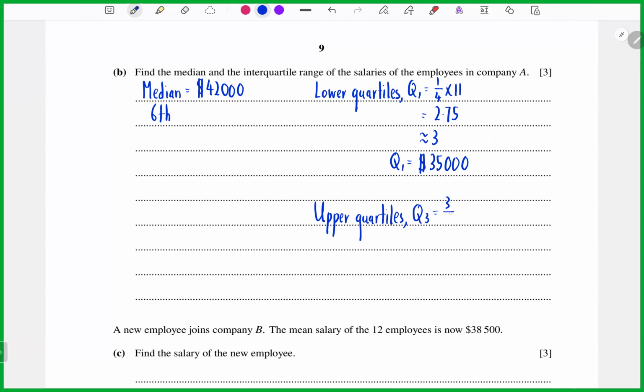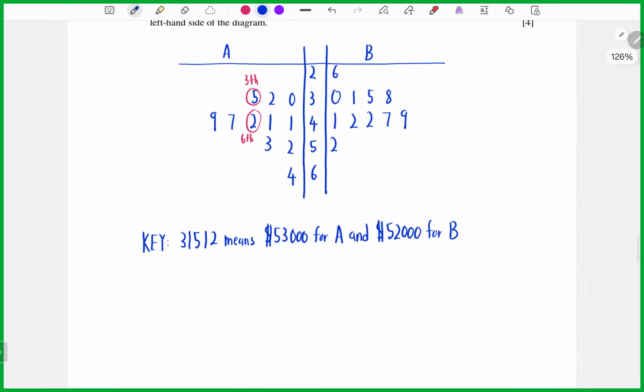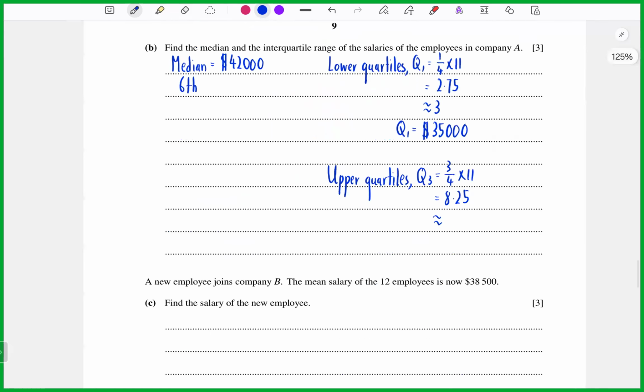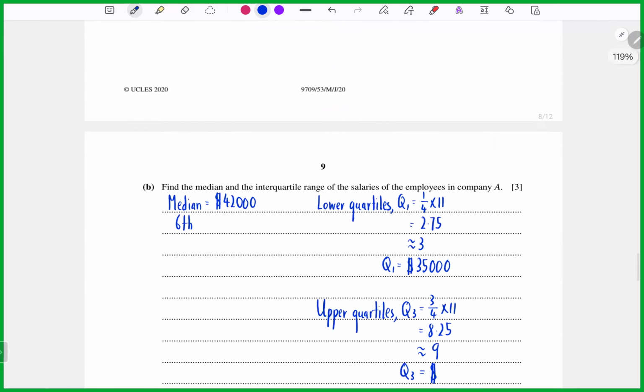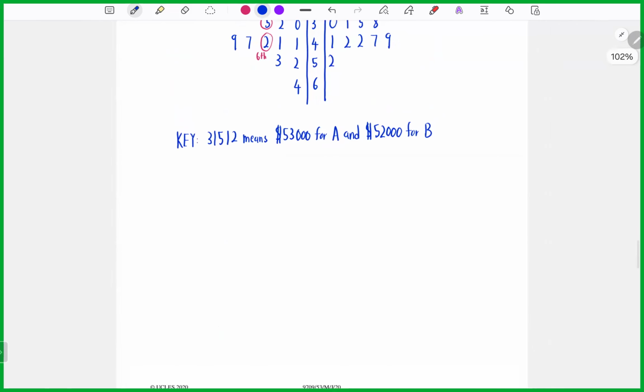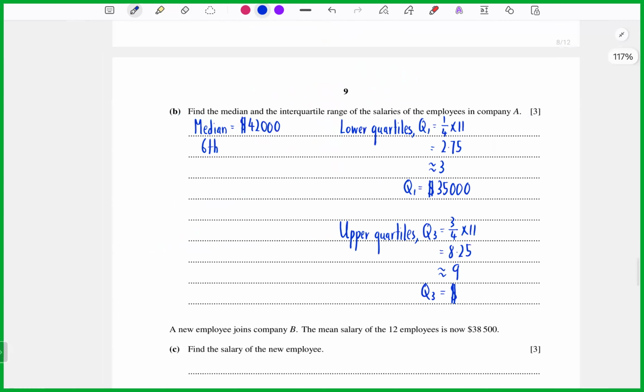Q3 equals 3 over 4 multiply 11, so you will get 8.25. So we consider number 9. So your Q3 equals 52,000.